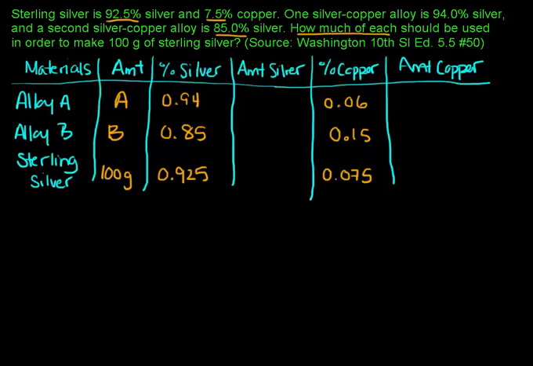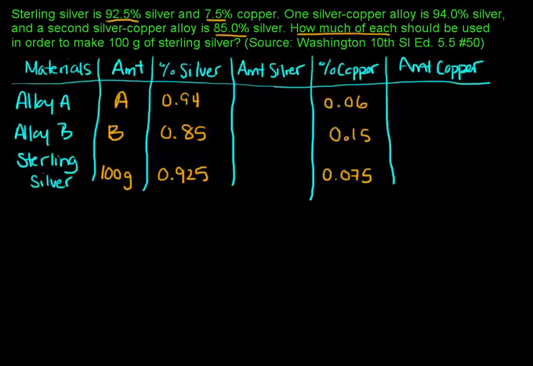And we do that by using an equation that tells us to figure out the amount of silver, for example, in this alloy. We're going to take the total amount of the alloy and multiply by the percentage of silver. And that should make some sort of intuitive sense to you. If you have 100 grams of alloy A and you know that it's 94% silver, you're just going to multiply 100 times 0.94 to get that there are 94 grams of silver in that amount.